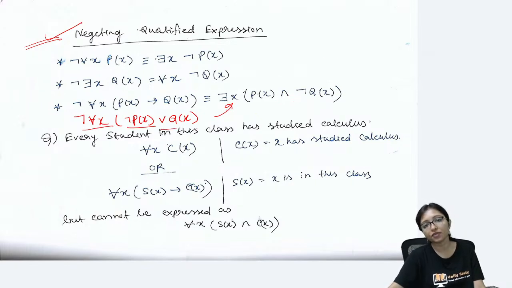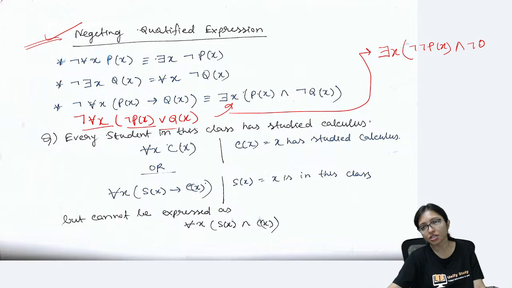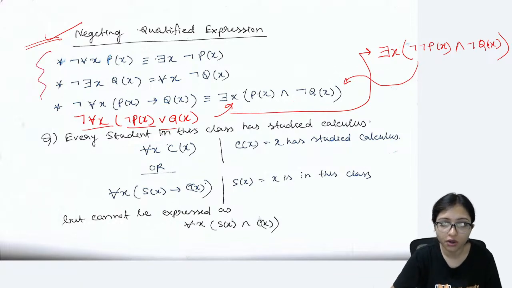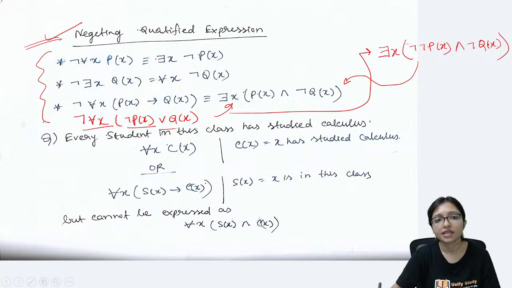The negation will be changed this way. That is, negation of for all is changing with there exists. Then negation of not P(x) or Q(x) is changing to P(x) and not Q(x). Right? So that's why you will get this answer. Very, very important, these three rules, how to change them. Is this clear? Yes. Is this clear?